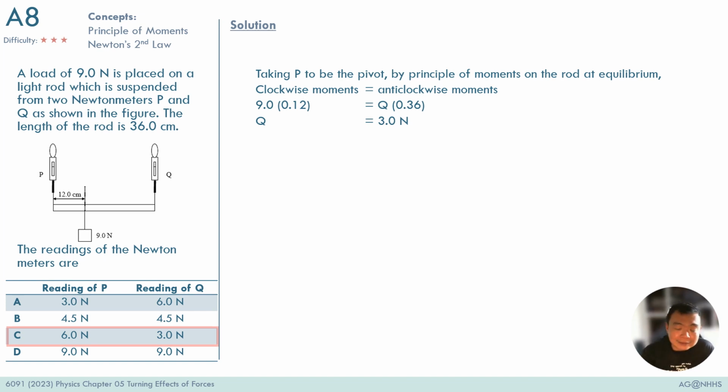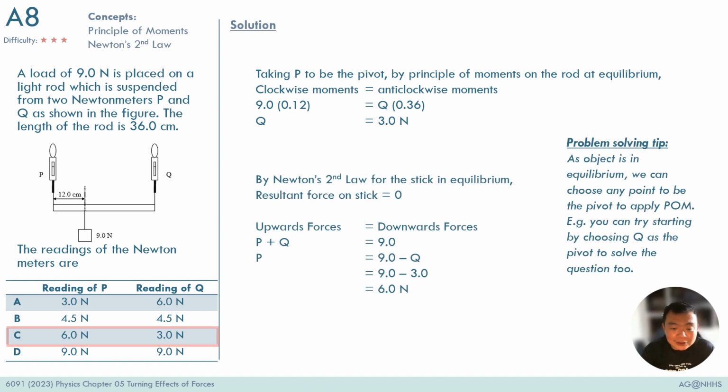So using this POM equation, I can get the upward force at Q to be 3.0 Newton, and that is half of the question solved. As per usual, for the second equation we can use POM again on a different pivot point, or I always prefer to use Newton's second law because it's easier and faster.